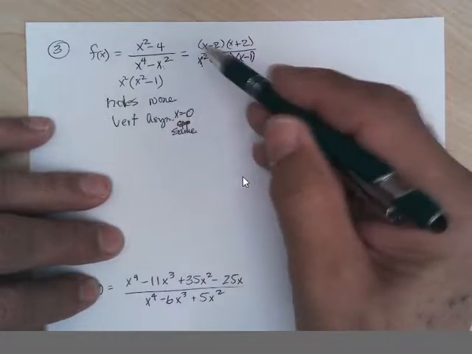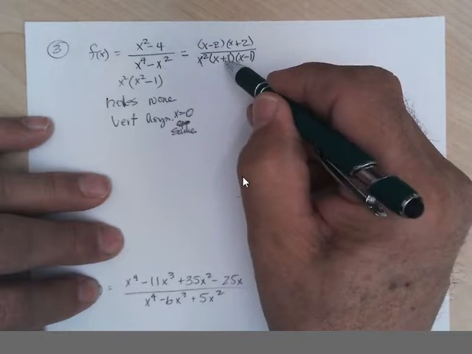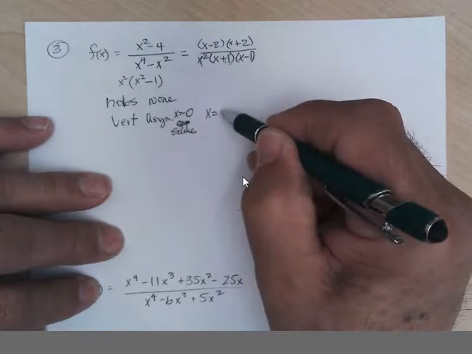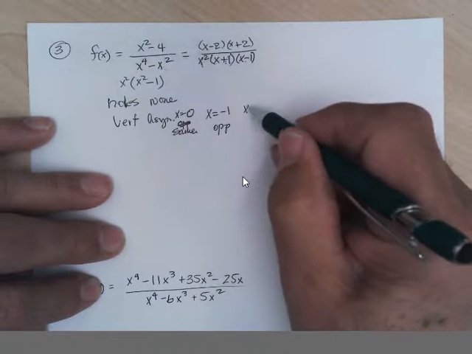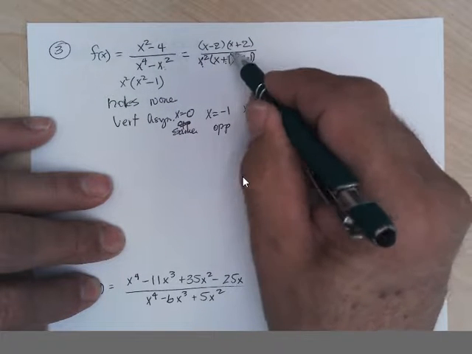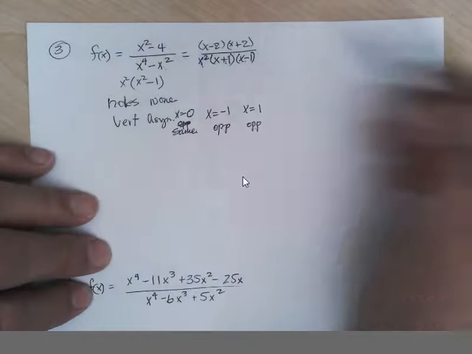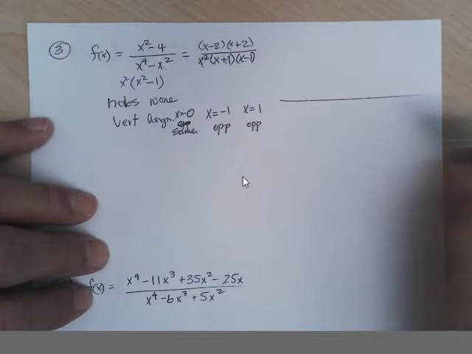The equation's going to go up by this asymptote, either both up or both down. At this asymptote, x equals minus 1, they're going to go opposite direction. And at this one, at x equals 1, it's going to go opposite direction because they're single, not an even multiplicity.